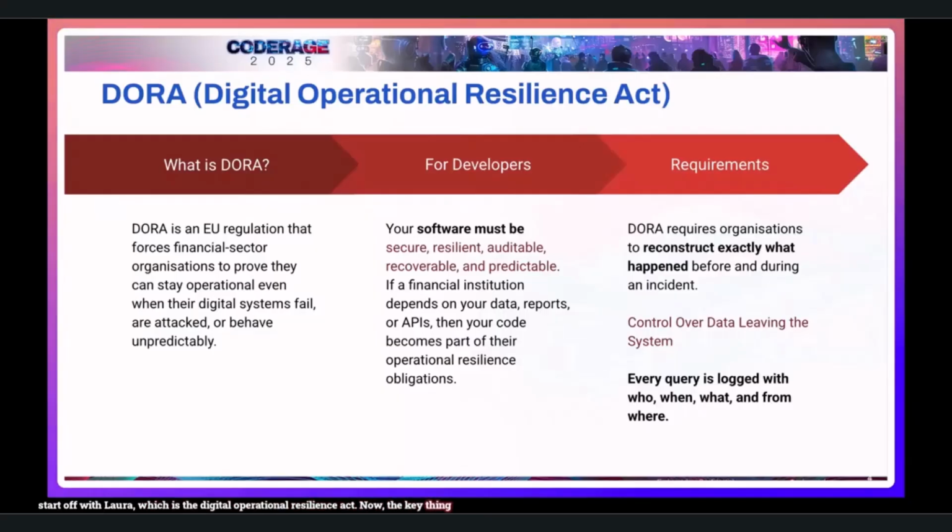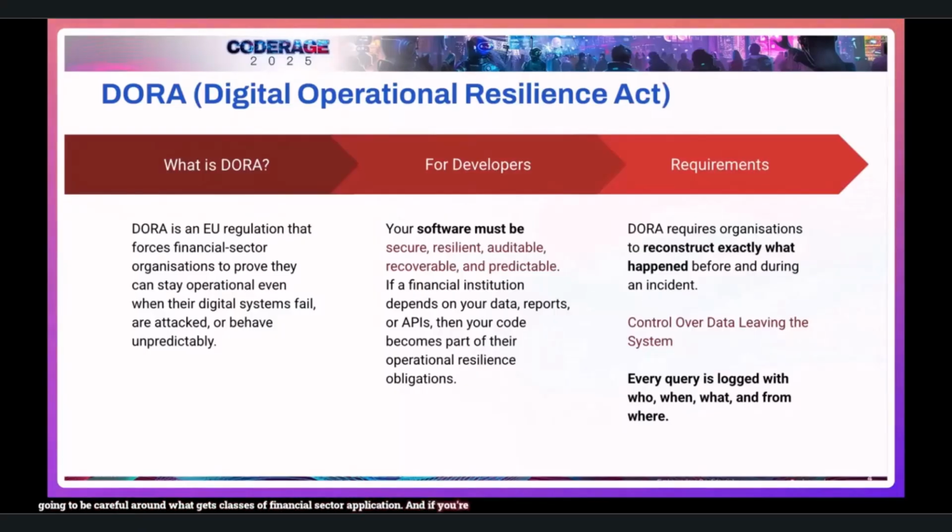Now, the key thing here, DORA is about ensuring that financial sector organisations are able to keep running even if they have system failures. And you might be thinking, well, I'm not really doing financial applications. Well, you've got to be careful around what gets classed as a financial sector application.